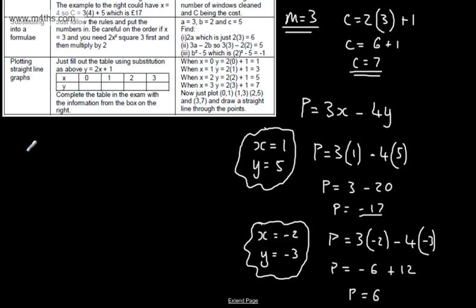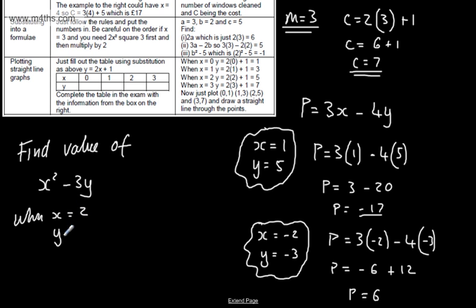Let's say we're asked to find the value of x squared minus 3y, when x is equal to 2 and y is equal to 5.